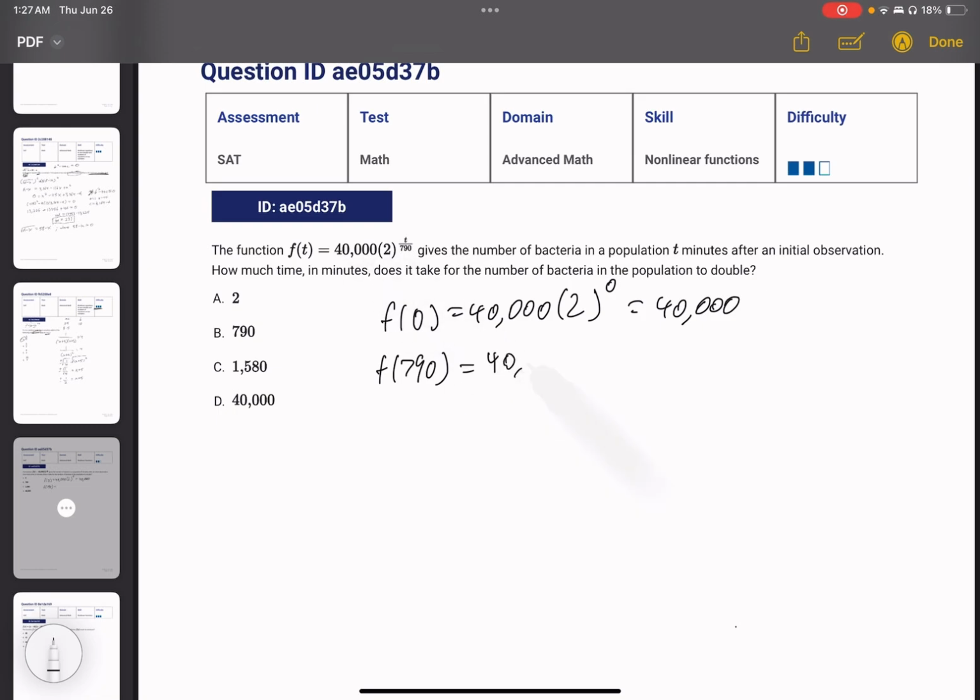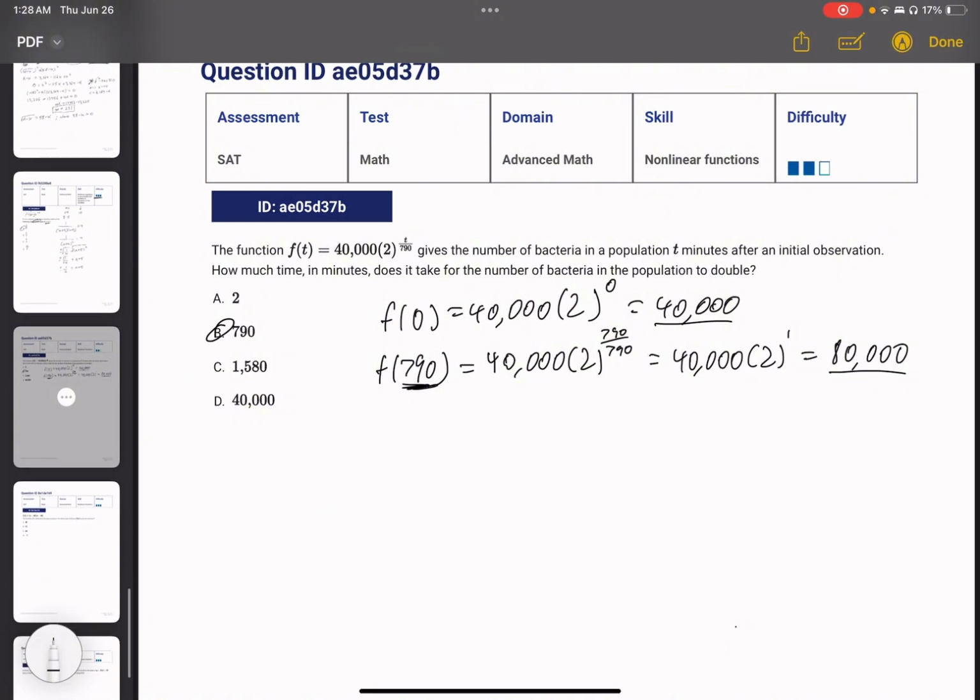So 40,000 times 2 to the 1, which is 2, gives us 80,000, which is double our first answer. So 790 is the number of minutes it takes for the population of bacteria to double.